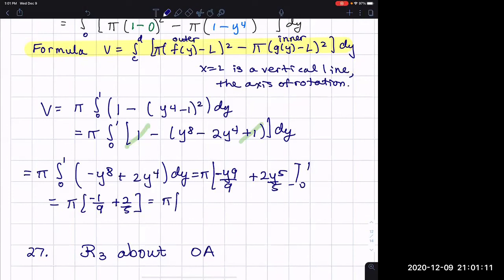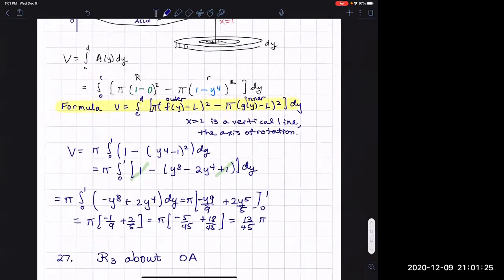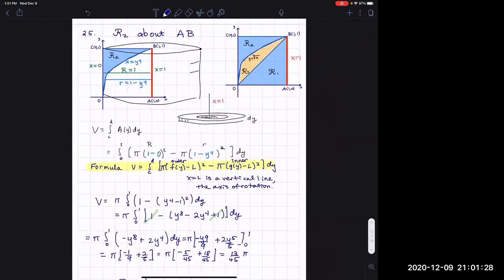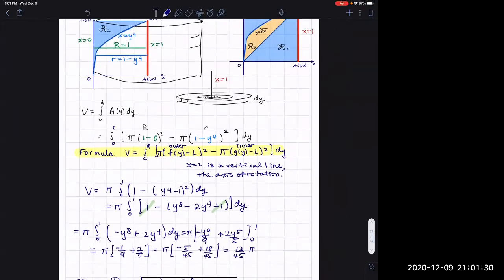So this is going to be pi times, to get a common denominator, negative 5 over 45 plus 18 over 45. Somehow I feel like I might be leading up to a wrong answer. This is number 25 on section 6.2. No, that's right. That is correct.